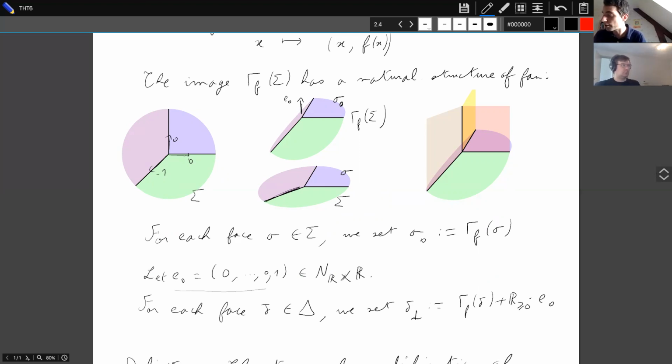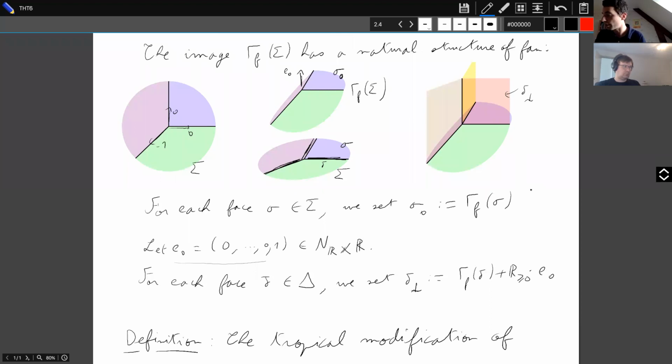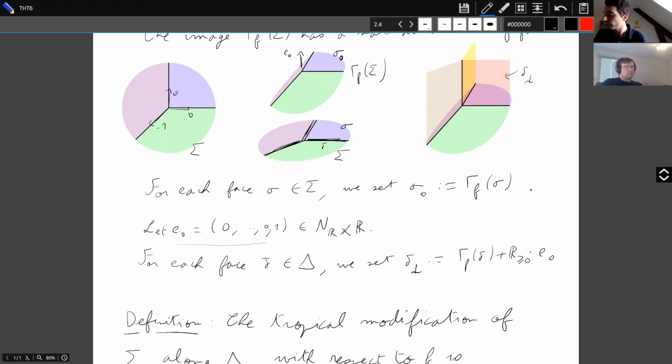And for each face D in the divisor, I define D-tilde to be the image of D by the graph function, and I add a whole vertical half line. Okay, so this is the tropicalized above D. And I call this the tropical modification of sigma.